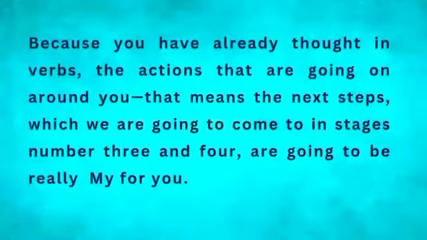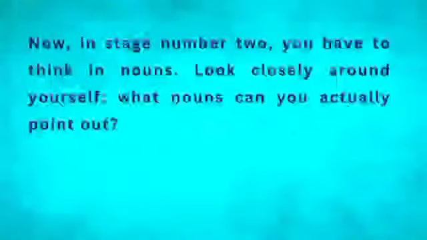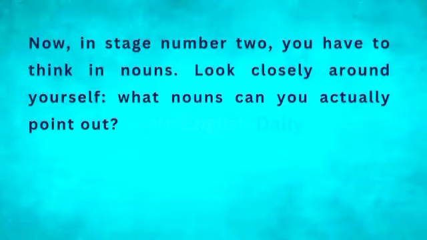Because you have already thought in verbs, the actions that are going on around you, that means the next steps, which we are going to come to in stages number 3 and 4, are going to be really easy for you. Now in stage number 2, you have to think in nouns.